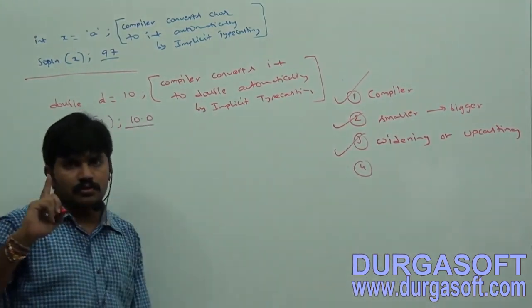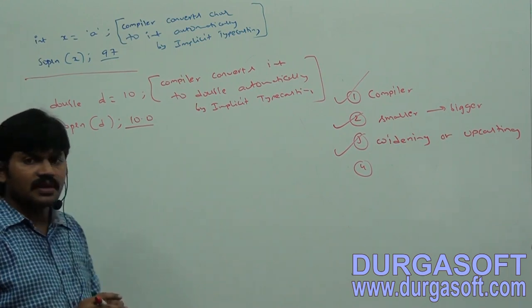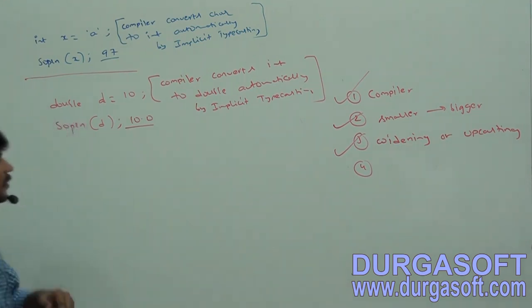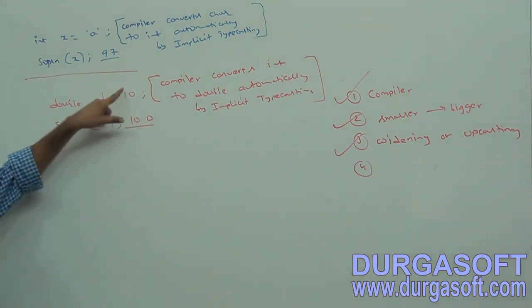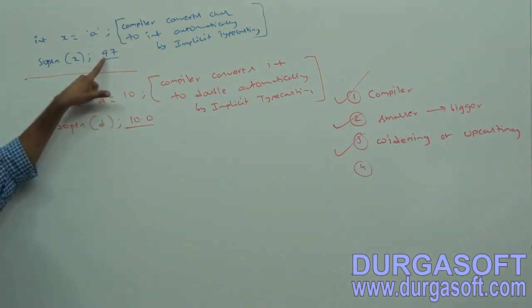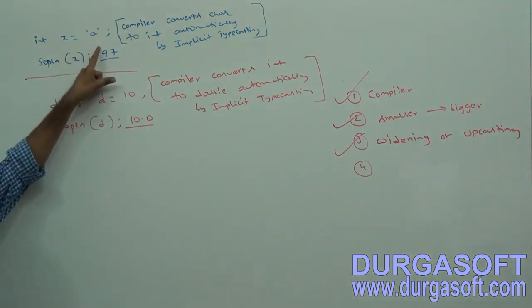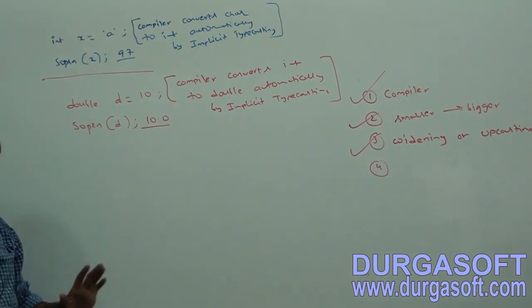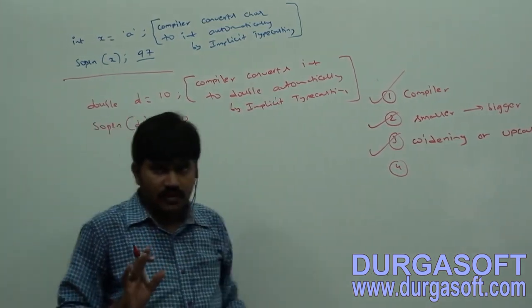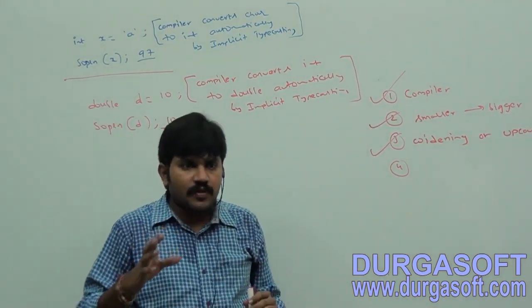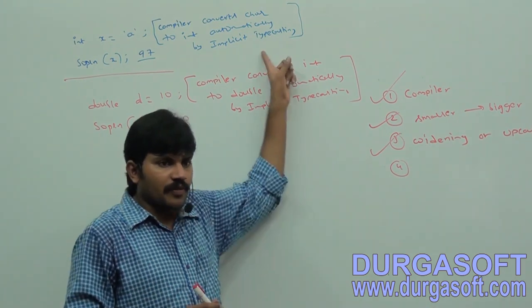Now the fourth conclusion, make sure you are aware. At any point of time, 10.0 we can convert to 10, and 97 we can convert to the char. So in implicit typecasting there is no loss of information. If a loss of information were really there, the compiler wouldn't perform this activity.